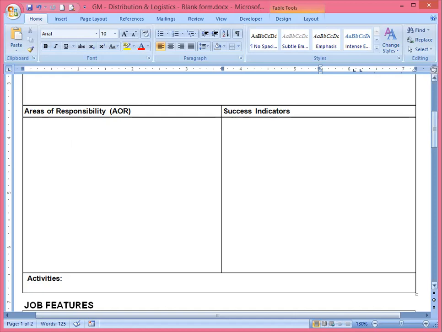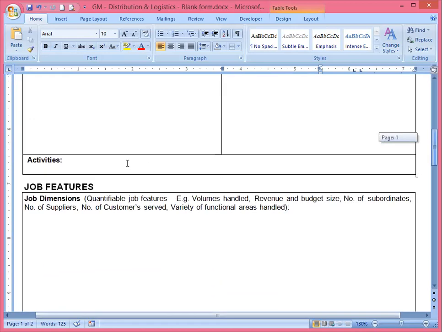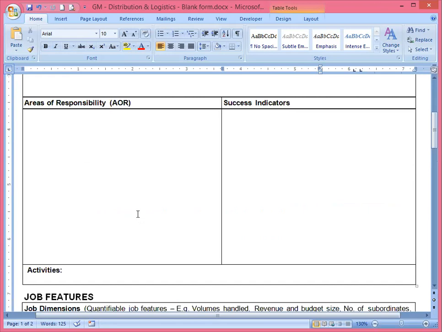And then we're going to write activities. There could be lots of activities, or just a few activities. But what's important in the job evaluation is the area of responsibility, because that will be one of the bases of the job size of a specific job.